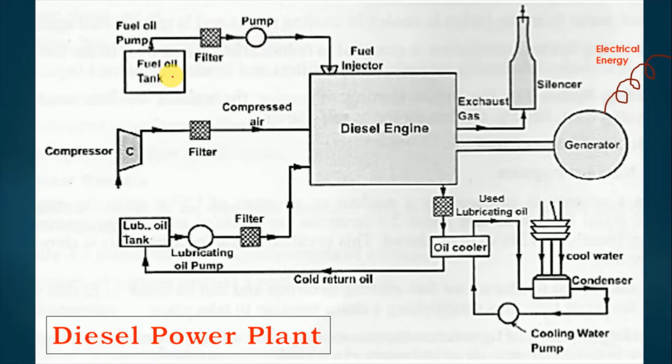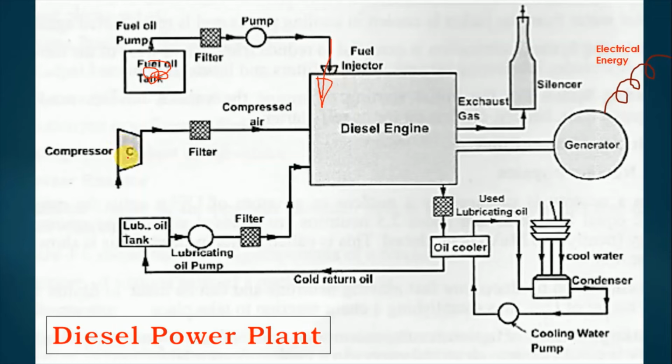The fuel filter, as we know, removes dust. The pump sucks the fuel from the tank and supplies it to the engine. So fuel is stored in this tank, sucked through the filter removing dust and dirt particles, and that fuel with the required pressure is supplied to the engine through this pipeline. This is the line which supplies the fuel, that is nothing but diesel.